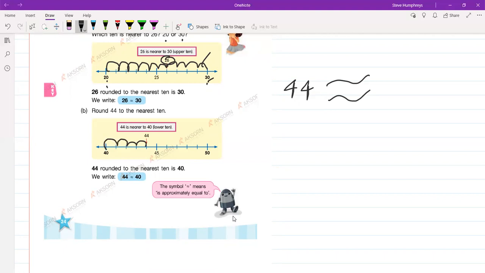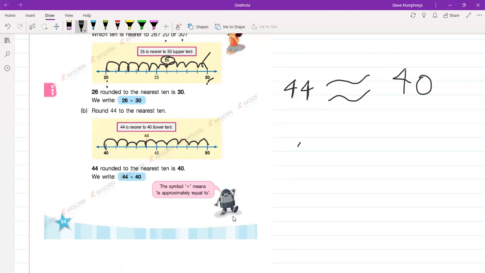It's only 4 to 40 to round it down, the lower 10. To the next upper 10 is 50. 1, 2, 3, 4, 5, 6. So it's 6 up to 50. So with 44, you would round it down. The nearest 10 is 40. 44 rounded to the nearest 10 is 40.